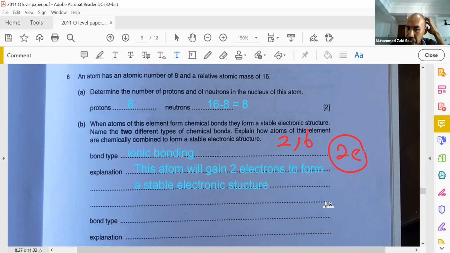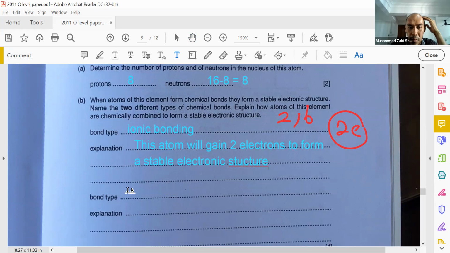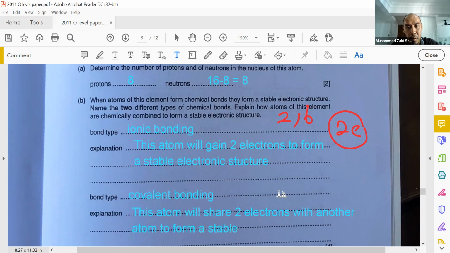Next, the other bonding you have learned is called covalent bonding. So how do they form covalent bonding? This atom will share 2 electrons with another atom to form a stable electronic structure.